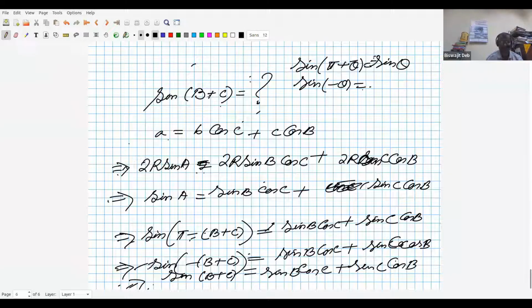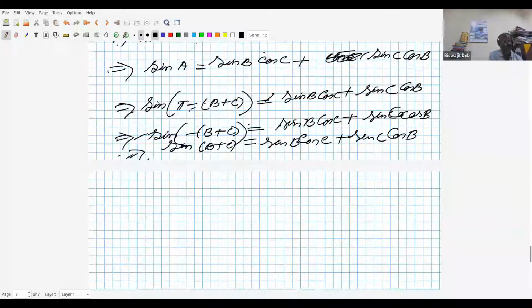We have a geometrical proof of it, but you can use this extended sine law to prove this result.